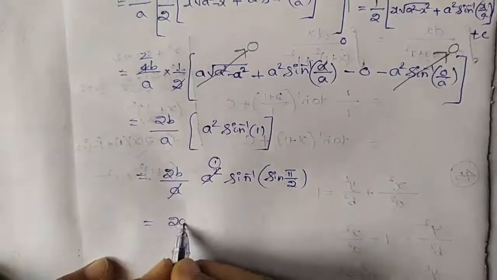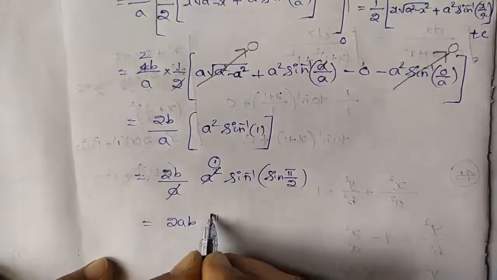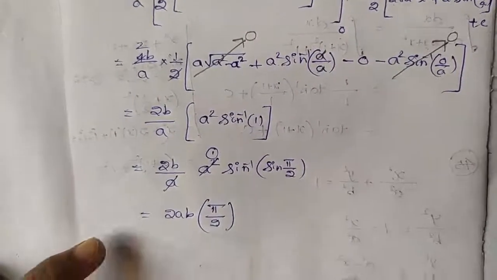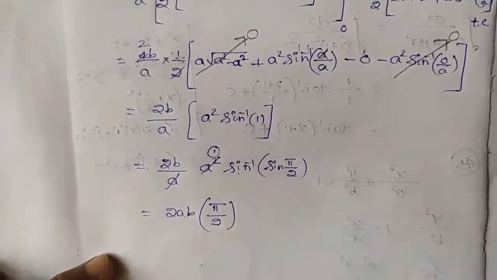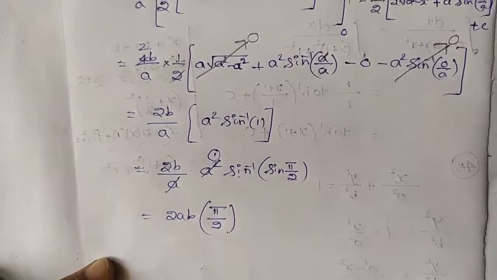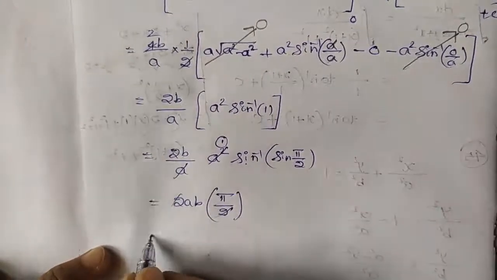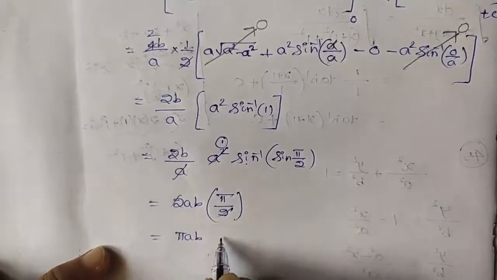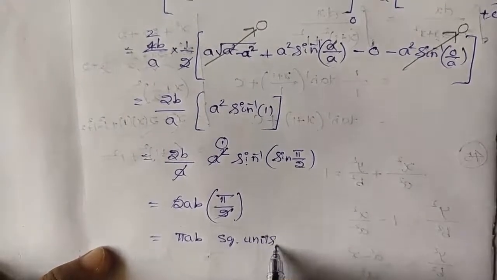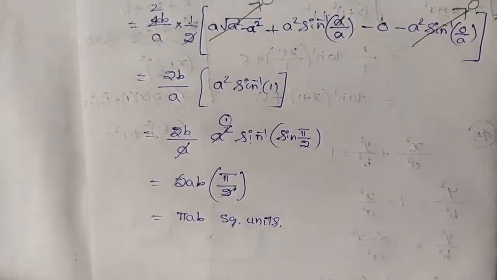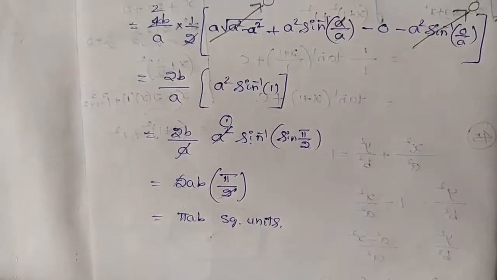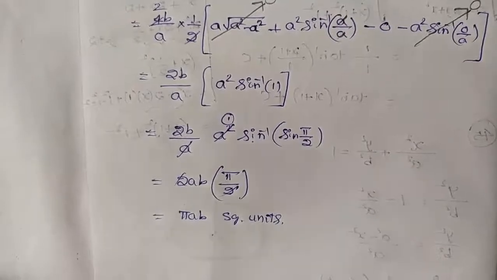That is equals to 2ab into pi by 2. Sine inverse of sine pi by 2 is pi by 2. These properties we have studied in our inverse trigonometric functions. Therefore 2 will get cancelled. That is equals to pi ab square units, which is the required area of an ellipse. Hence it is the solution for this question.